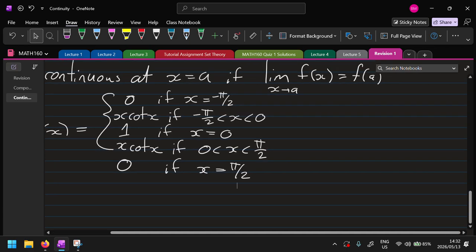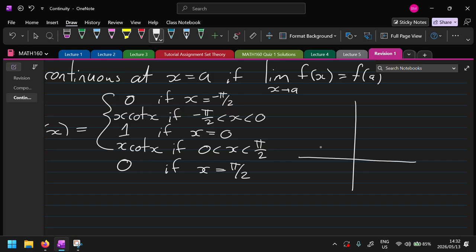Okay, because at 0, we have something like this. There was an open circle there. So the limit from the left gave us 1. The limit from the right gave us 1. But at 0, there was an issue. But we can remove that discontinuity by defining the function to be 1 here.